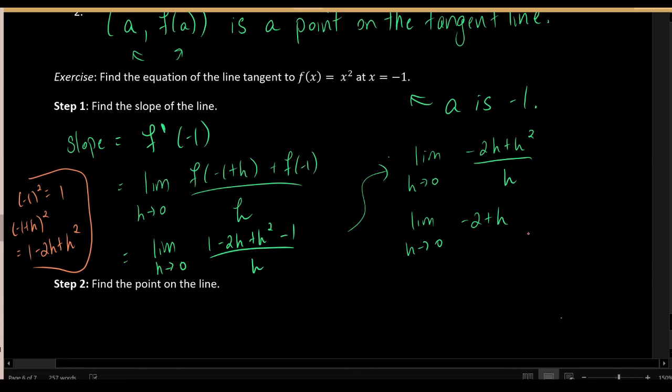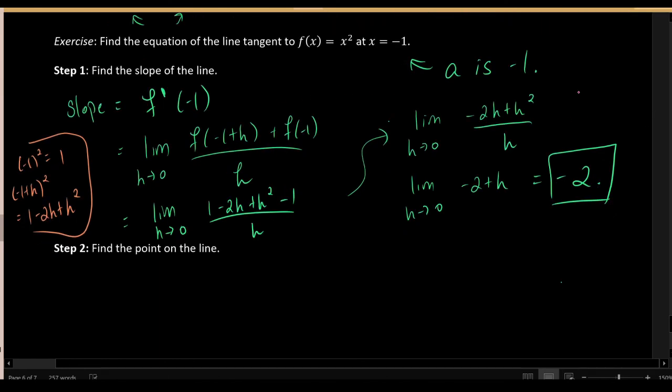Now that this is fully simplified, we can plug in h equals 0 and we get minus 2. So the slope of the tangent line, the value of the derivative, is minus 2.